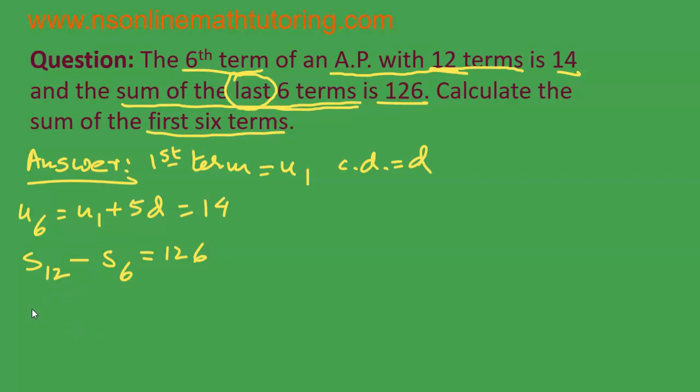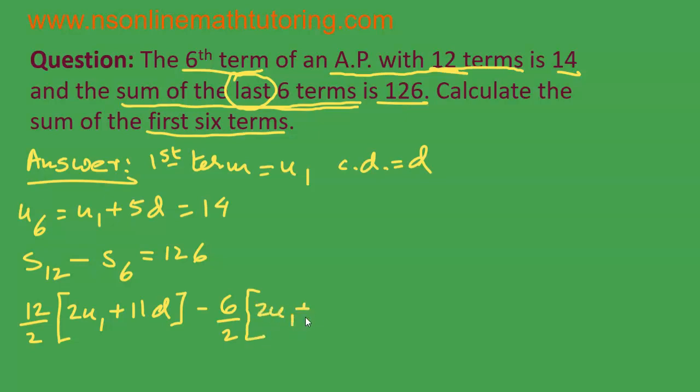It is 12 over 2 times (2u1 plus (12 minus 1), that is 11d), minus, this time the sum of the first 6 terms, 6 over 2 times (2u1 plus (6 minus 1), that is 5d).